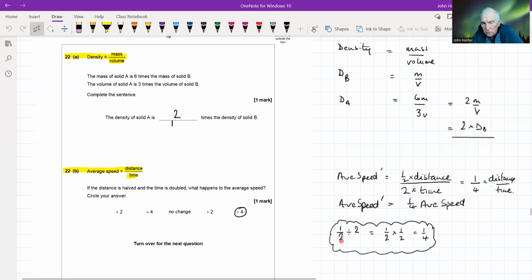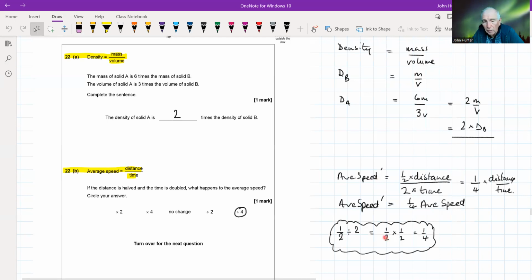Why is that? Let's just think about dividing fractions. So we've got a half divided by 2, and as I mentioned before, 2 in a sense is a fraction, isn't it? 2 over 1. So if we divide by a fraction, we multiply by the flip of that fraction. Remember that rule.